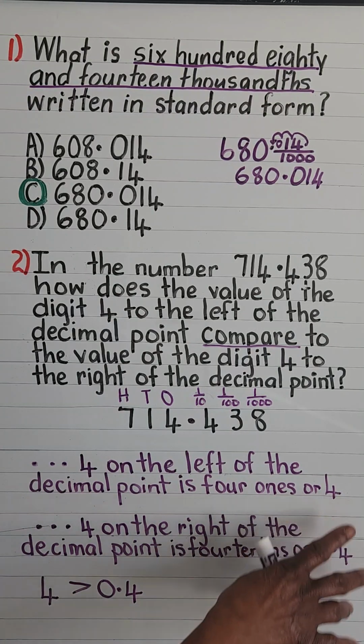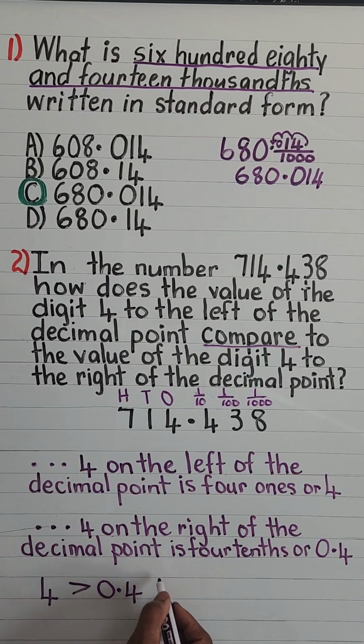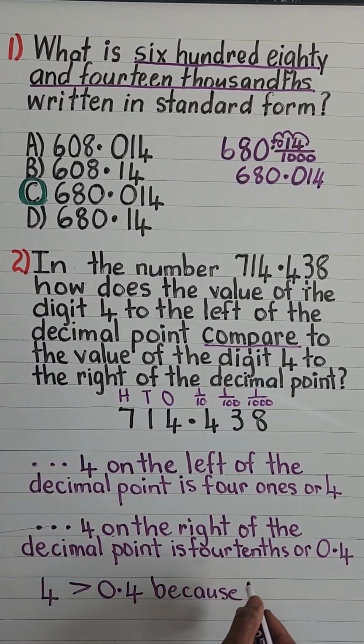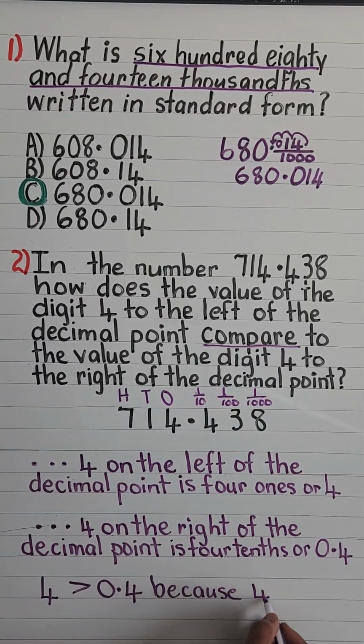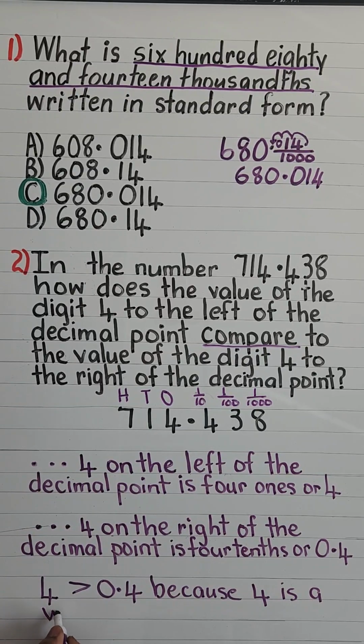So 4 is greater than 0.4 because, I'm going to give a full answer, because 4 is a whole number.